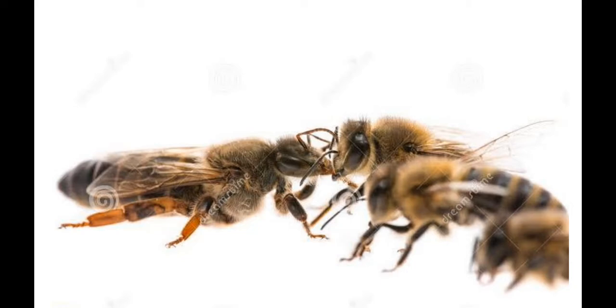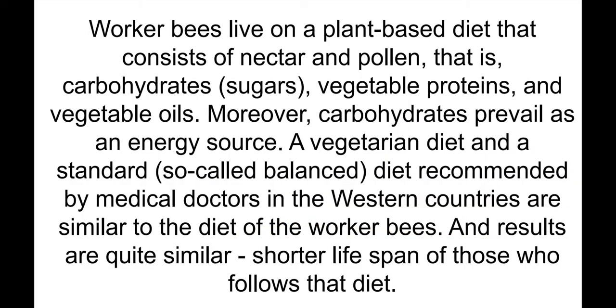It is not solid, but it is a little bit like yogurt, a little bit sour, a little bit acidic, and it has very many calories because it has fat, it has protein, and not much sugar. But the working bees eat sugars and proteins from pollen, and of course vegetable oil.